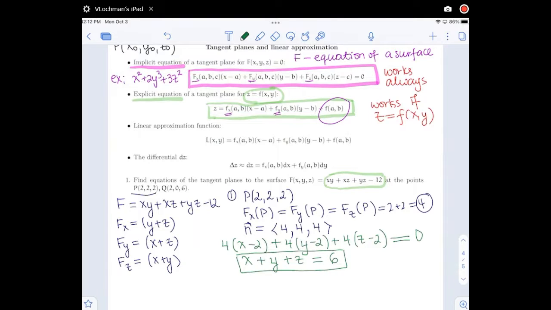This plane is tangent to that surface, xy plus xz plus yz minus 12, at the point 2, 2, 2, right? So it touches that surface at just that one point.